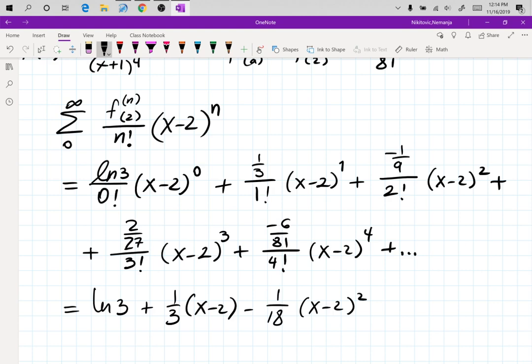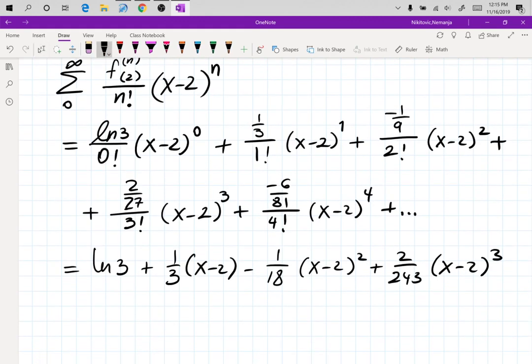So plus 2 over 243 x minus 2 cubed and minus... oh no, this was supposed to be a 1 over here, right? Because 27, no, that was wrong. That was 81 as well. That was 81, because 27 times 3, and then the 2 and 2 would cancel.